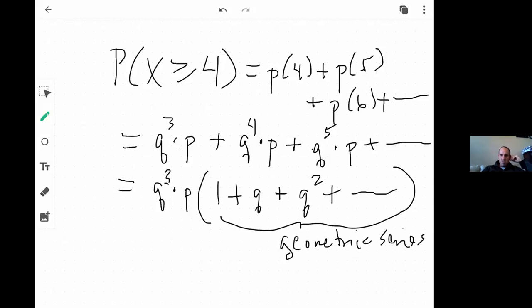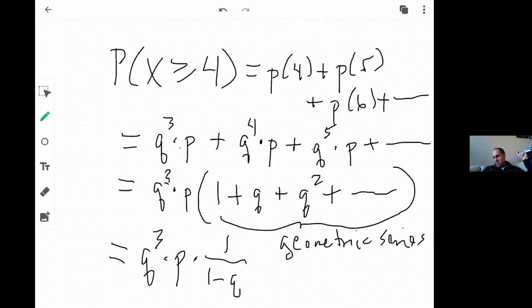And do you remember from Calc 2, if I have 1 plus x plus x squared, etc., that adds up to 1 over 1 minus x, so long as x is in absolute value smaller than 1. And in this case, that's true because q is a probability. So this is actually equal to q cubed times p times 1 over 1 minus q.